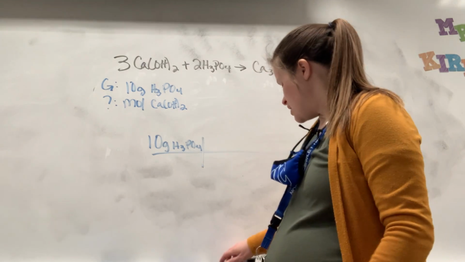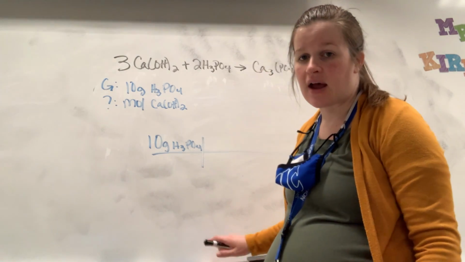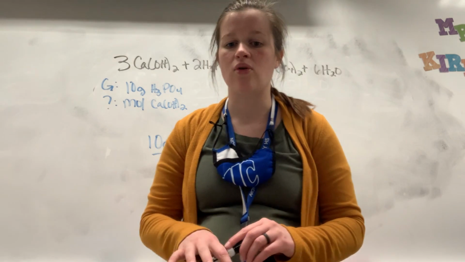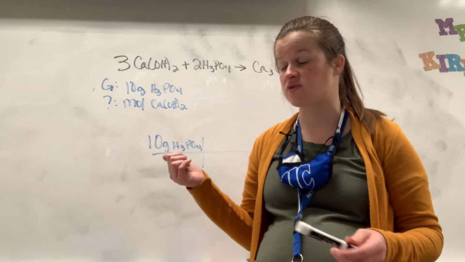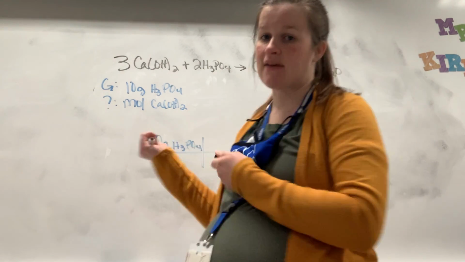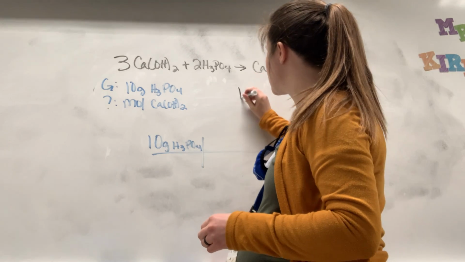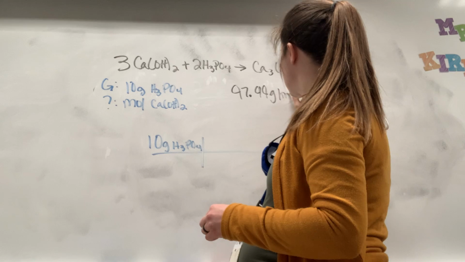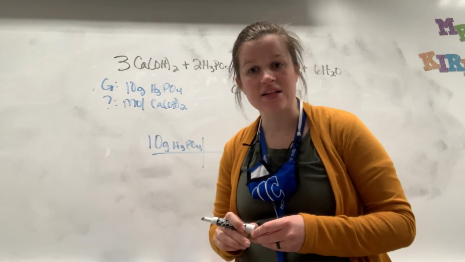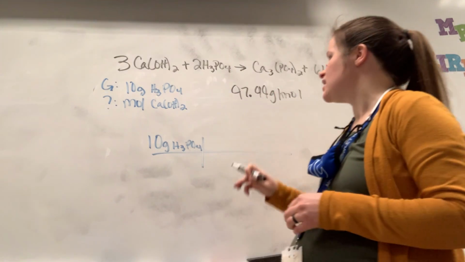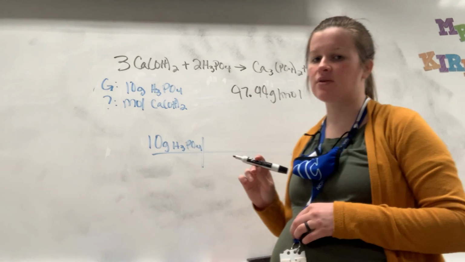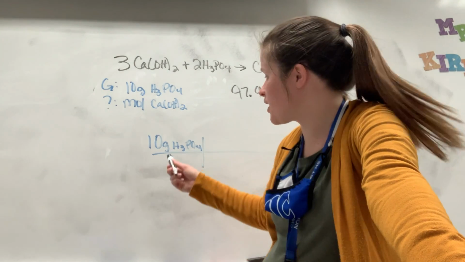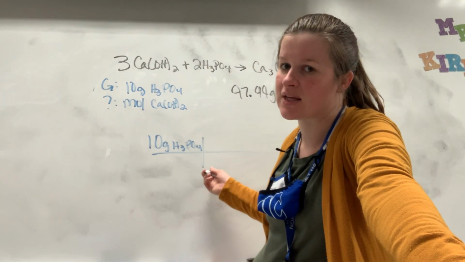So to save time, I already have solved for the molar mass. The molar mass of phosphoric acid is 97.99 grams. Okay, so it's 97.99 grams, and then you're gonna plug into where units cancel. And so you want grams on bottom to get units to cancel.